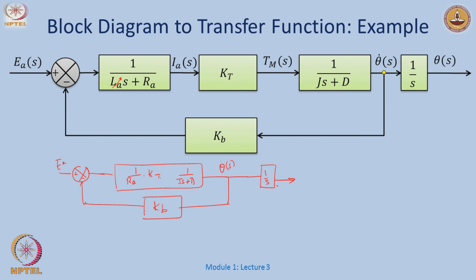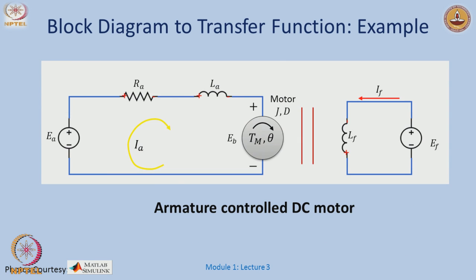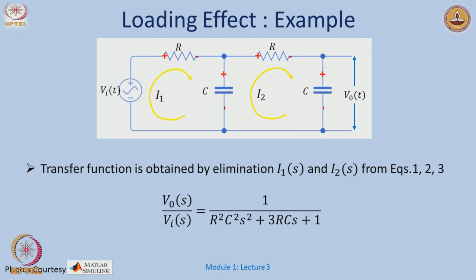So now how do I write the overall transfer function as the ratio of the output displacement to ES? Let me recall what properties I learnt about the block diagram earlier.